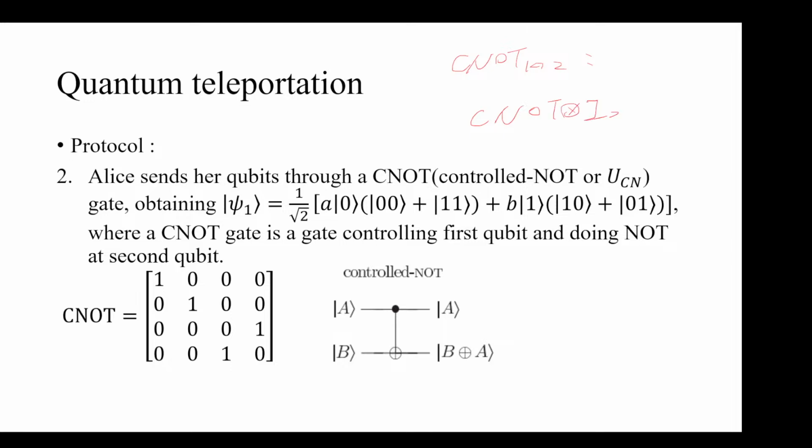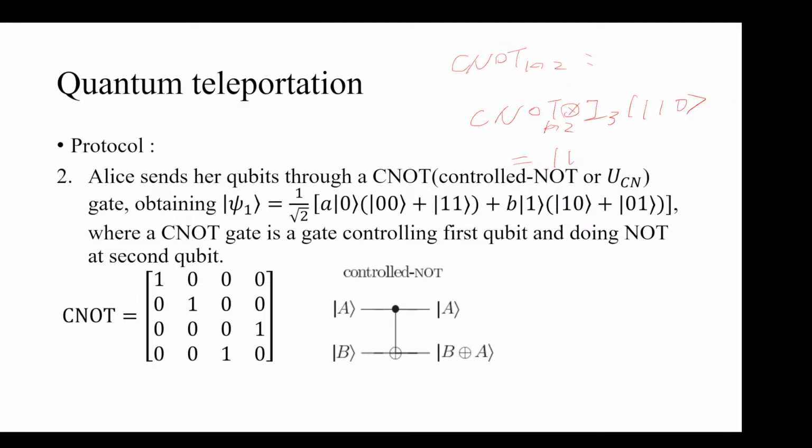Let's take for example this thing acting on 110. We have a CNOT on the first two qubits, and you keep the control qubit the same, and as we said, we add the control qubit to the target qubit.